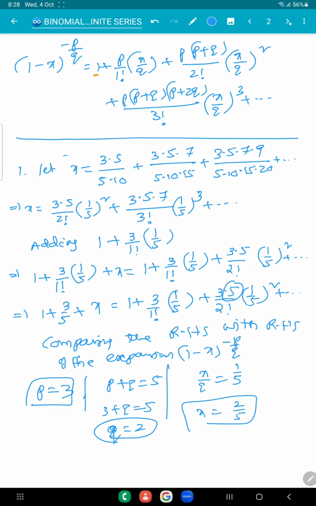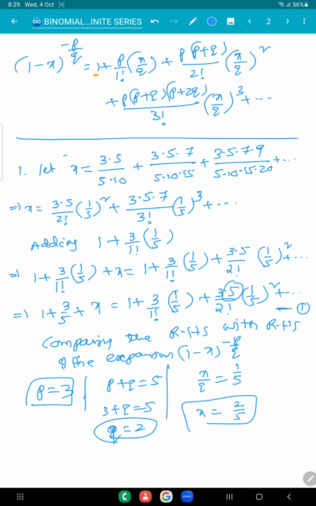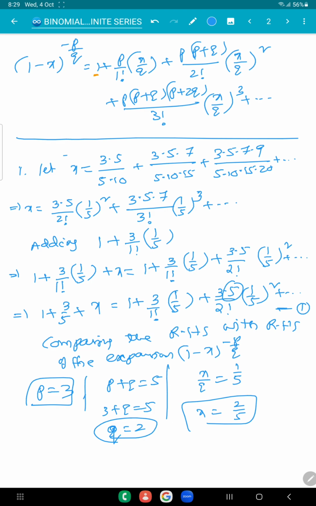So I am writing this expansion: that is equal to 1 plus 3 by 5. Let 1 plus 3 by 5 be some number. Therefore x plus 1 plus 3 by 5, which is 8 by 5, is equal to the right hand side, (1 minus x) whole power minus p by q. 1 minus x is 2 by 5, and p by q is 3 by 2.